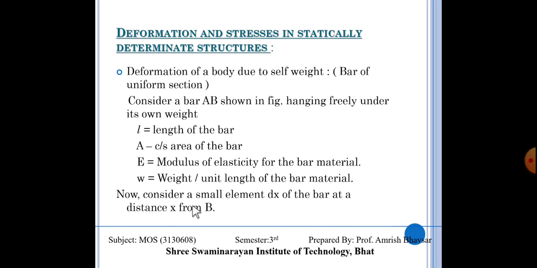Now, consider a small element of length dx in that bar, at distance x from B. It will hang from the ceiling, and we take the delta L, its weight and its length. So, after putting in the values, we will get delta L is equal to WL upon 2AE.